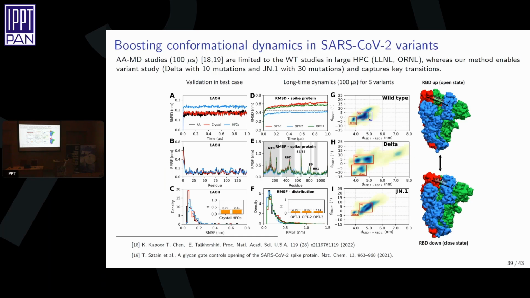Now let's look at a different system, the spike protein, over a 100 microsecond time scale. Across different variants, you recreate the whole pipeline of setting up GōMartini simulations. You could study this process; here I'm showing only 1 microsecond. The atomistic simulation is also around this value.